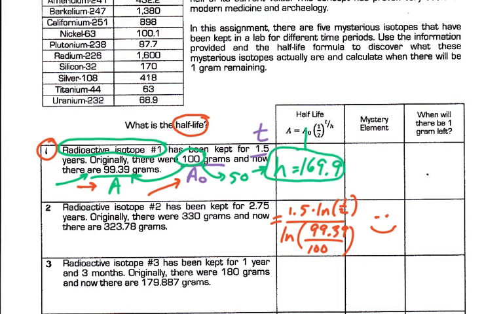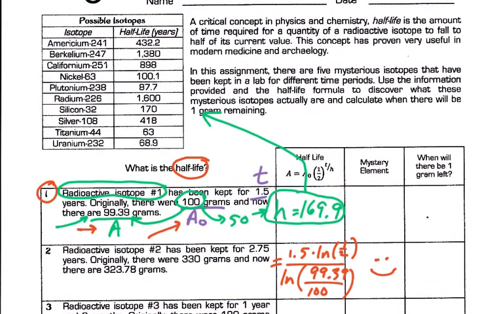So what we're going to do is take your eyes up to this list up here, and can you find the element that has a half-life of about 170 years? Found it right here. So what is your mystery element? Your mystery element here was silicon 32. Great. I don't want to do the last column when there's going to be 1 gram left. I don't really care.